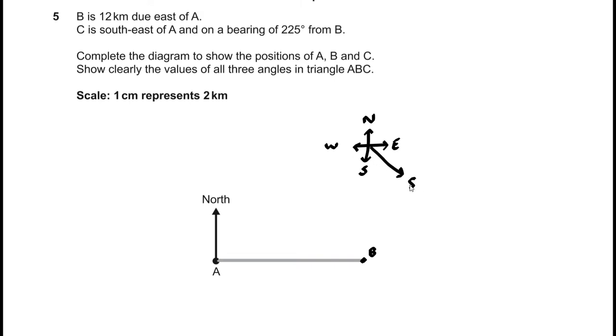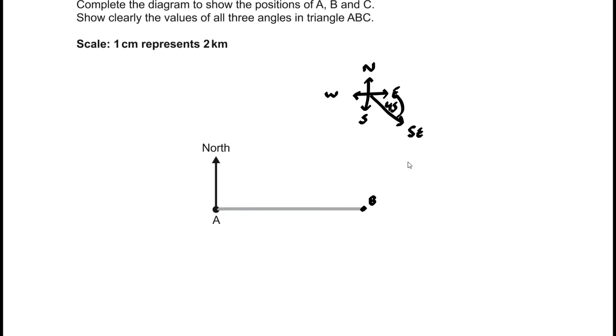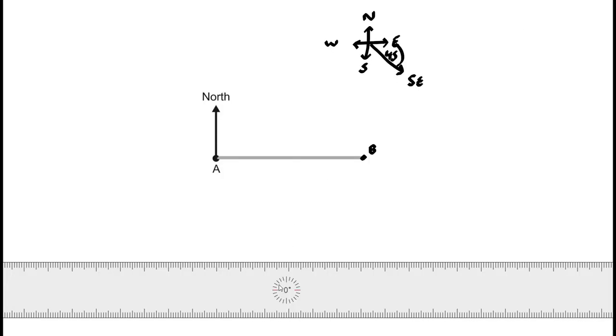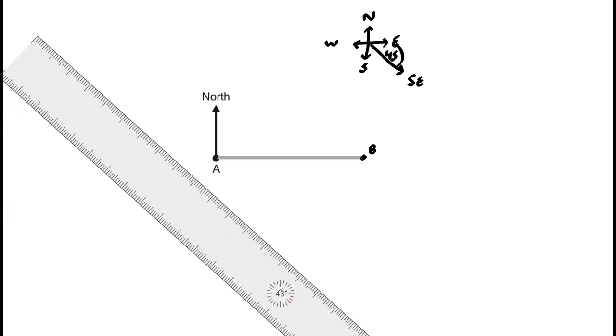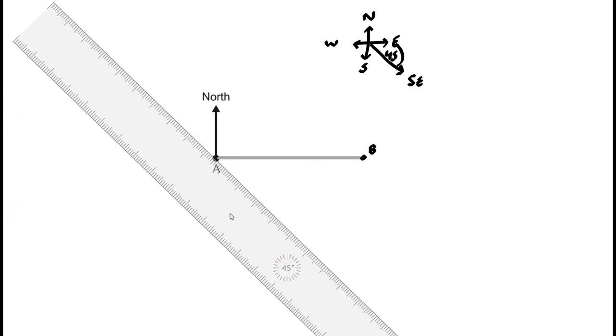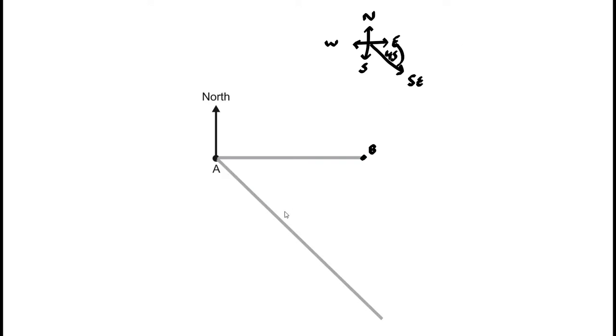Southeast is here, and here we've got a 45-degree angle then. So what I need to do is measure 45 degrees from A. So 45 degrees is what's shown here. And if I draw a line like so, C is going to be on this line somewhere.